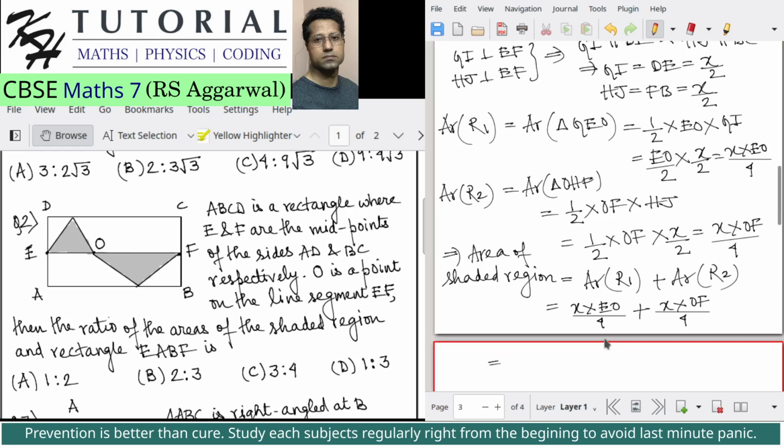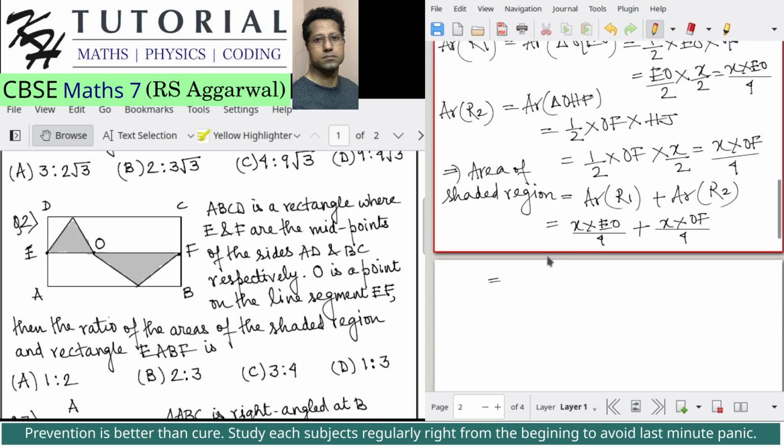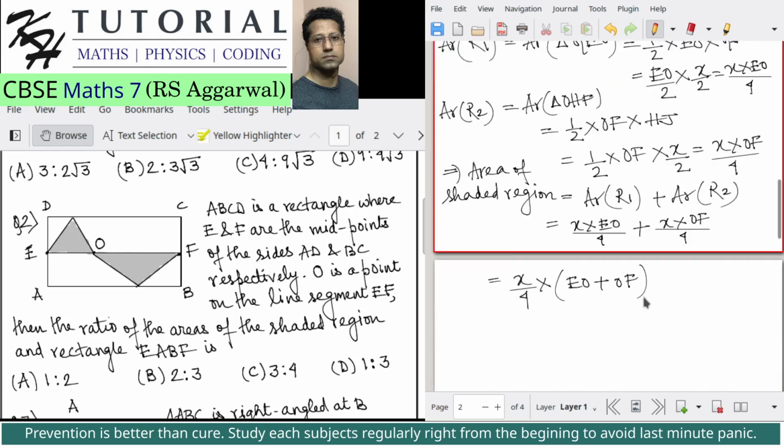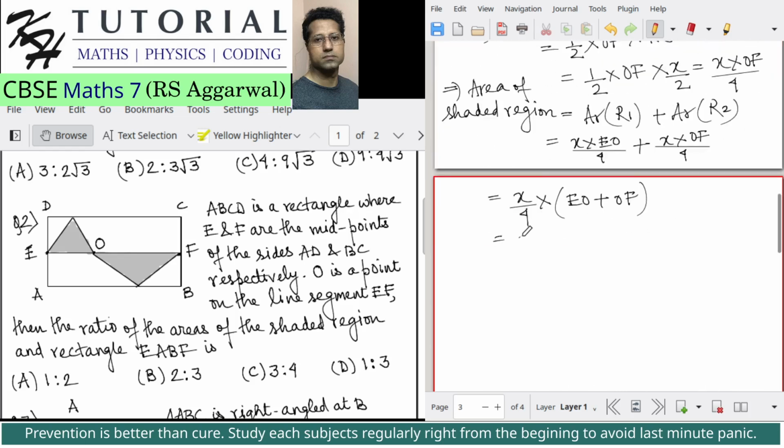If you simplify them and take x by 4 as common, I will get x by 4 multiplied by EO plus OF. Now what is EO plus OF? EO plus OF is nothing but AB, that is the length of the rectangle. This is equal to x by 4 multiplied by AB, and the length of the rectangle we have considered as y. So this is xy by 4.